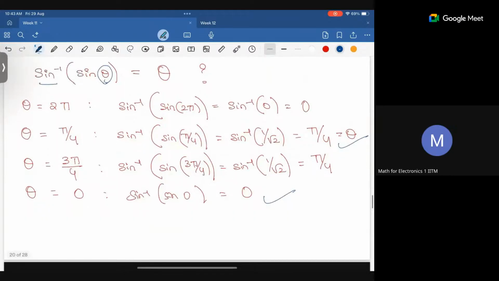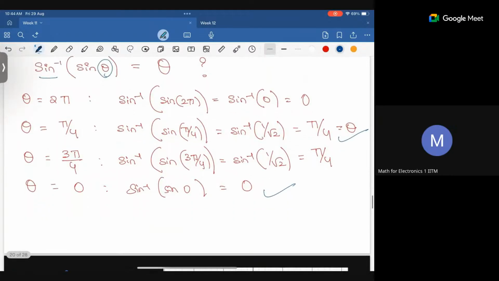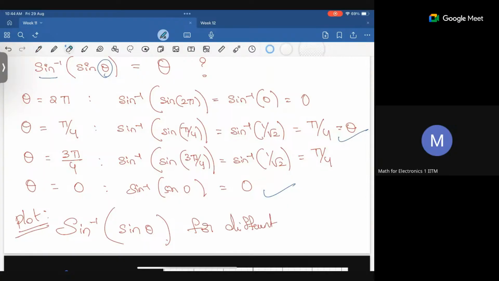Right? So what I suggest you guys is, I'm not going to do this. I want you guys to try this out. Try to get the values or plot this function for different thetas or for all theta.